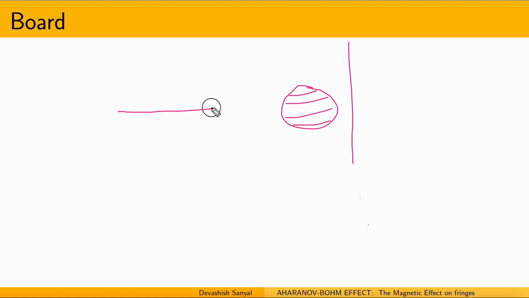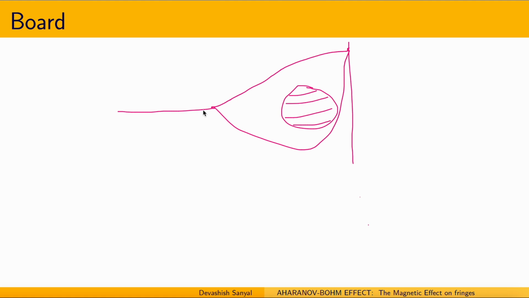Suppose we are interested at this point, this electron can go like this, or this electron can go like this. This is the region containing magnetic field, so the electron has to bypass this region because it cannot enter.